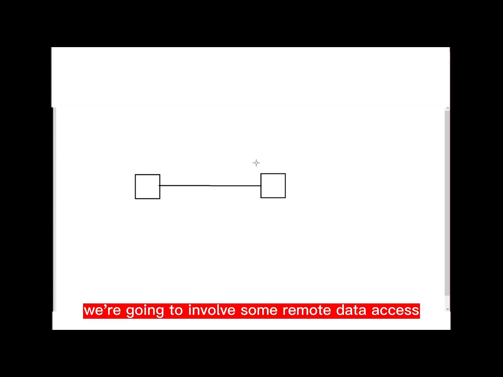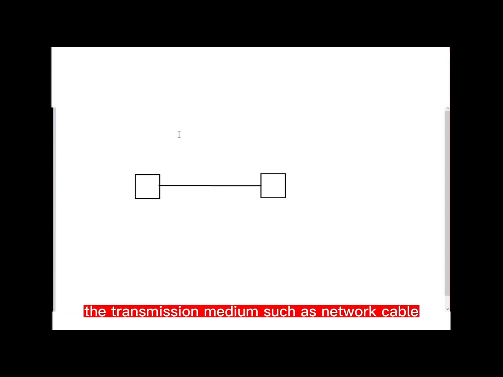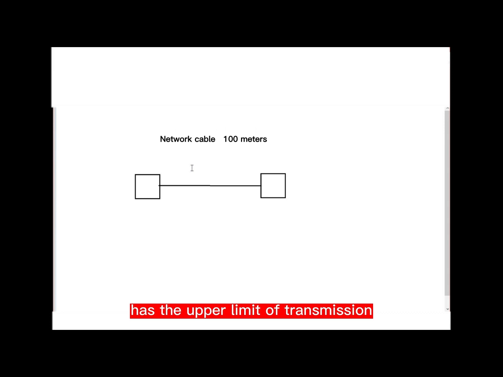But with the development of the network, slowly there are problems. Between two PCs, we can't keep them close together forever. Network communication cannot be one computer to one computer, very close. Sometimes we're going to involve some remote data access. Then there will be problems. The transmission medium such as network cable has an upper limit of transmission.